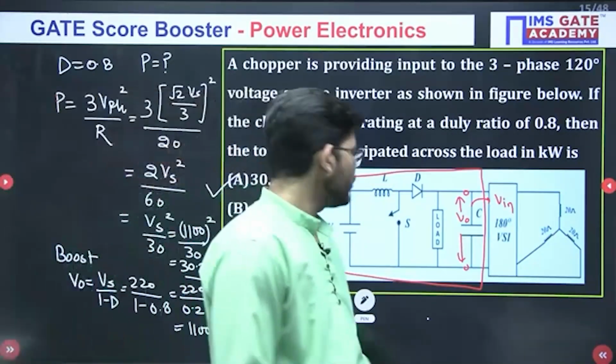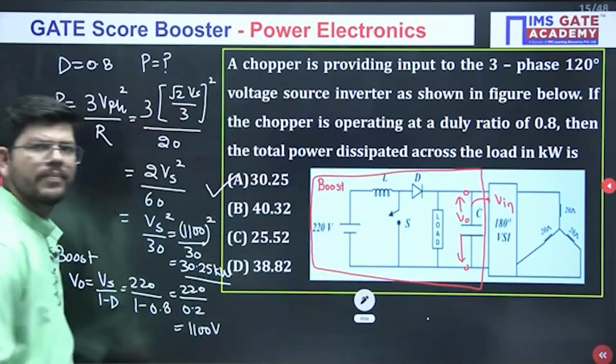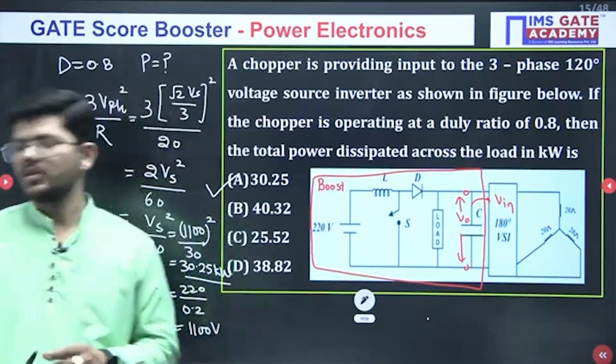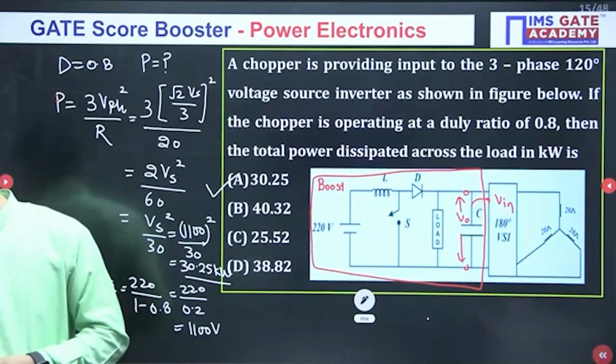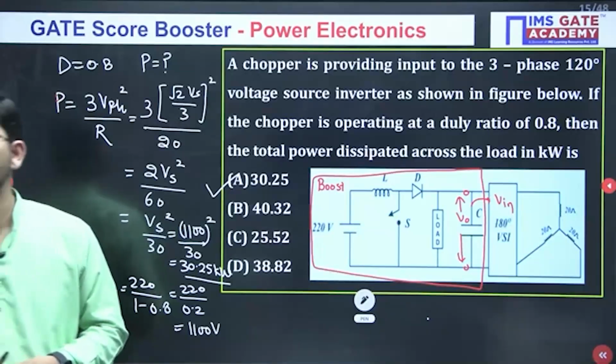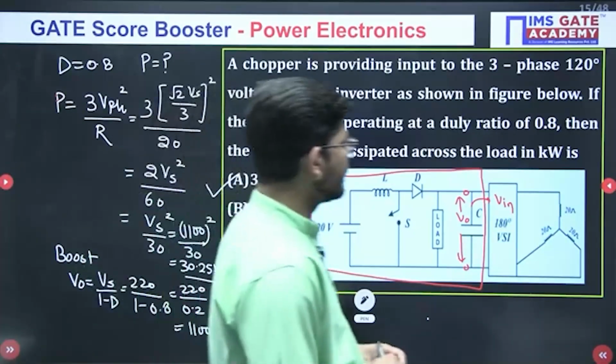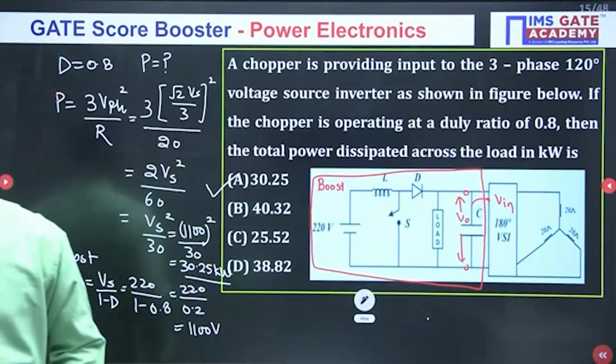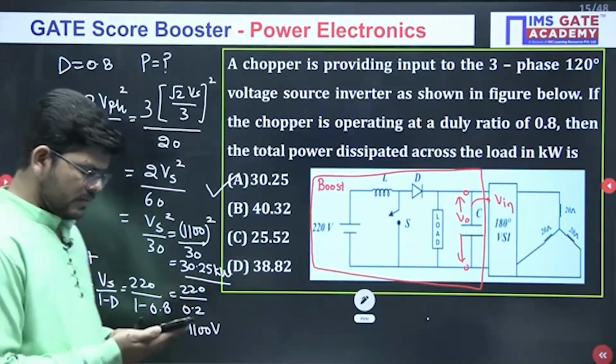Okay, Aryan, you are getting 40.33, but my answer is 30.25. Just cross verify it. We have a 180-degree inverter, or let me verify, maybe my answer is wrong. Let me do it.